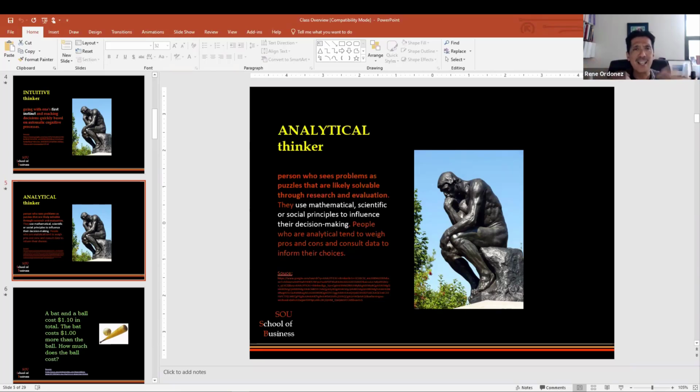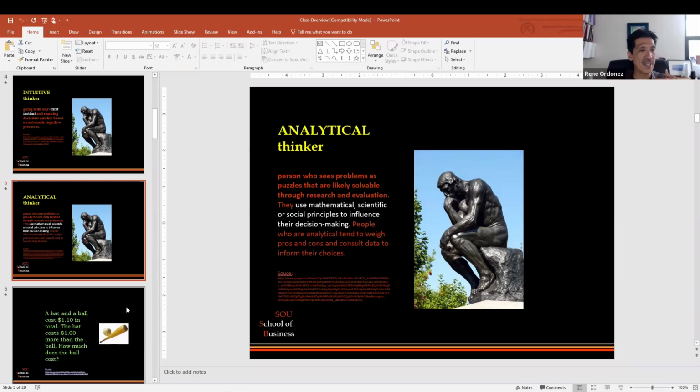So this class will focus more on applying the analytical thinking process to solving problems. Okay, so let's look at some scenarios or questions, and then see where you are between these two, whether you're an analytical thinker or an intuitive thinker.